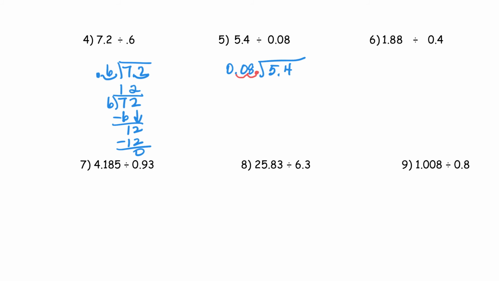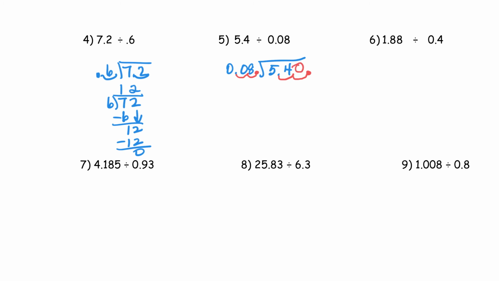Now, in the dividend, notice there's only 1 place there. So if I move it 1 place, it doesn't look like there's any place else I can go. But I have to move it 2 places. So any idea what we could do? Yep, we're going to have to annex a 0, put my decimal here, and put a 0 here.